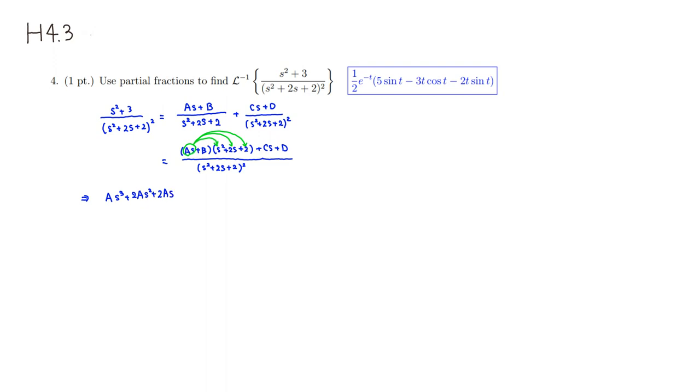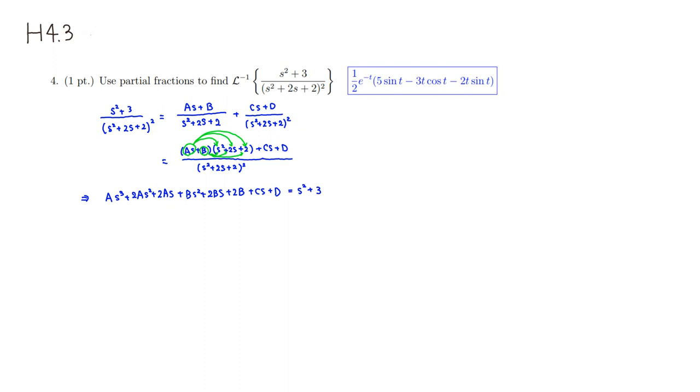Then we distribute the b to all three terms, so plus bs squared plus 2bs plus 2b. Here we don't have to do anything, so we have cs plus d. And we have to make sure that this is equal to s squared plus 3.